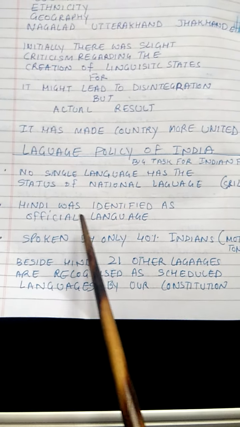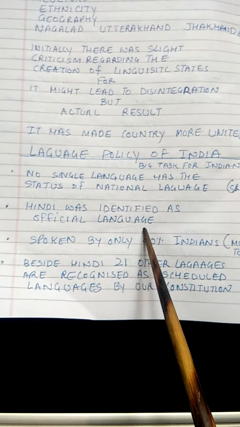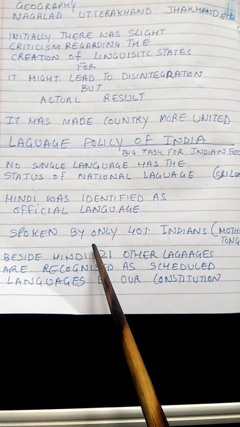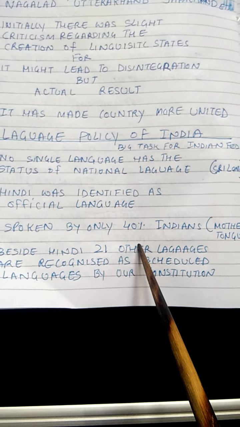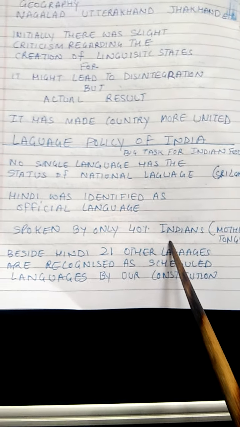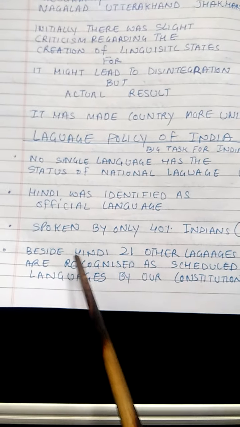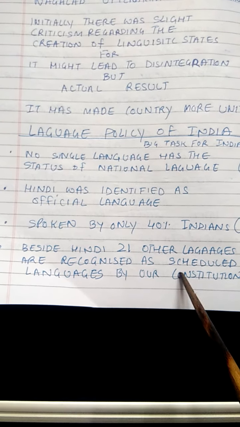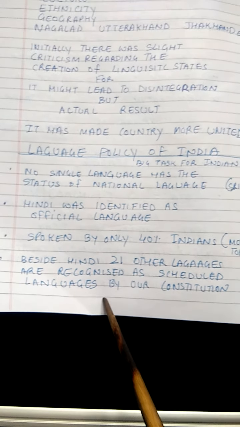Yes, Hindi was identified as the official language, but Hindi is spoken by only 40% of Indians. It is the mother tongue of only 40% of Indians. So, besides Hindi, 20 other languages are recognized as scheduled languages by our country.